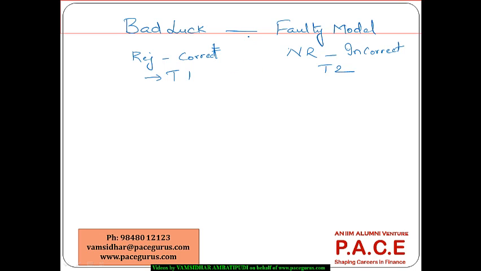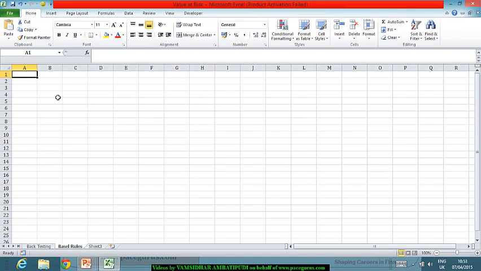So now let's say I really want to look at the data. Let's say I want to look at a p-value of 0.01, and I'm talking about 250 days of observation.